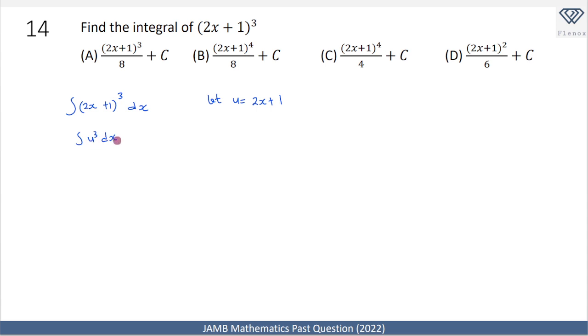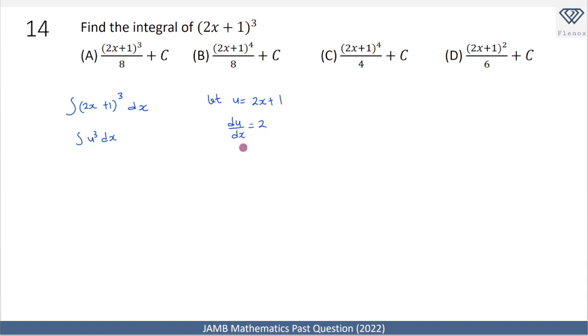So we need to find what dx is in terms of u. If we differentiate this expression over here, du over dx is going to be equal to 2, because when we differentiate 2x with respect to x, we get 2, and the 1 becomes 0, so there's no point writing it.